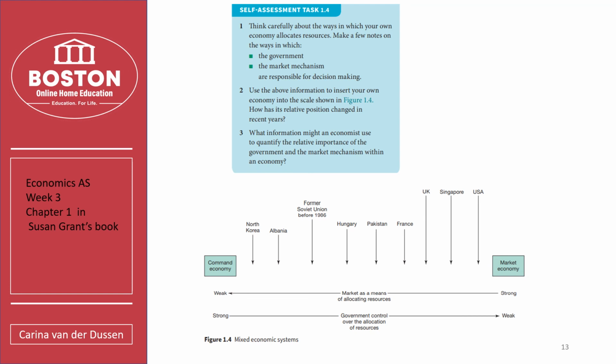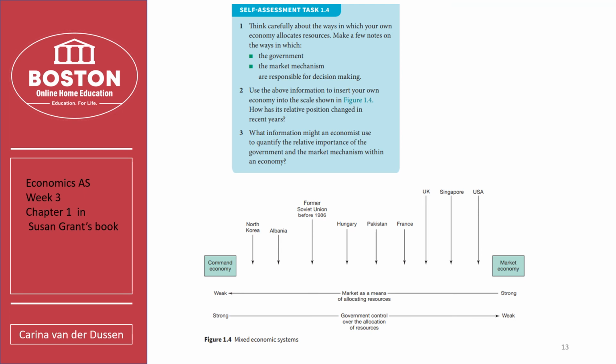South Africa as a means of allocating resources. Who is allocating the resources? The government, like in the command economy, or the market economy? And remember now, most countries in the world are now mixed economies.